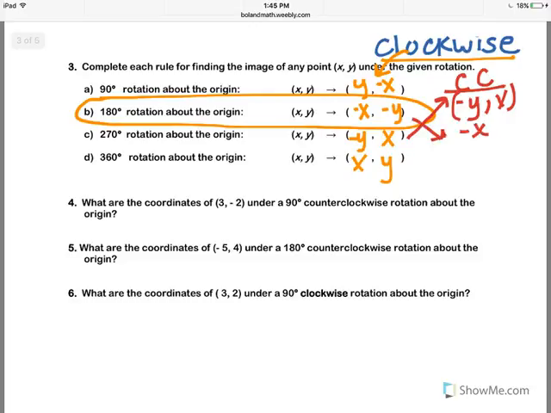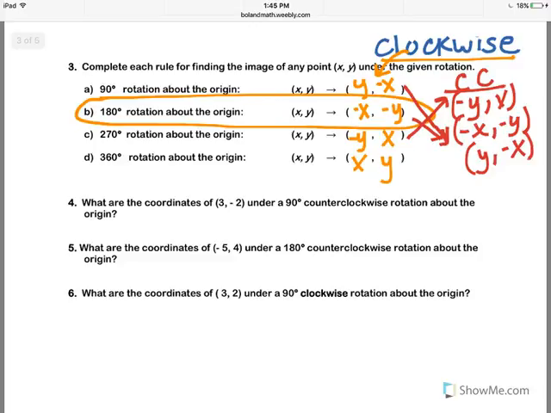The 180 is just the opposite sign. And then the 90 clockwise is going to be the same as 270 counterclockwise. And those are the rules. And those help you too.